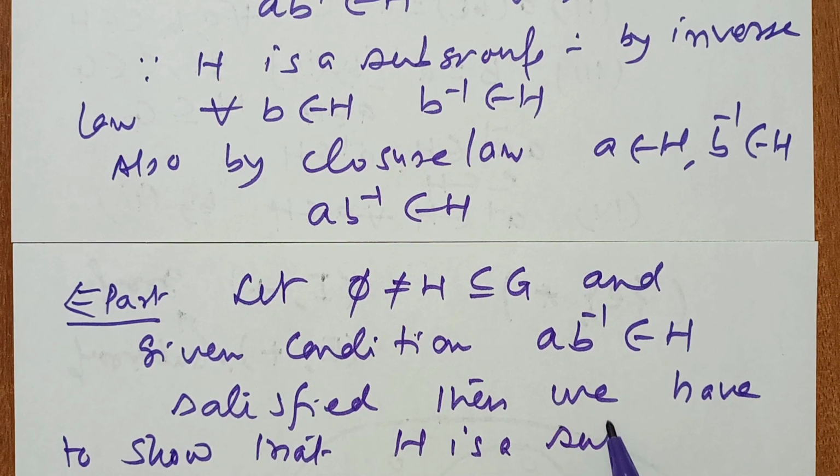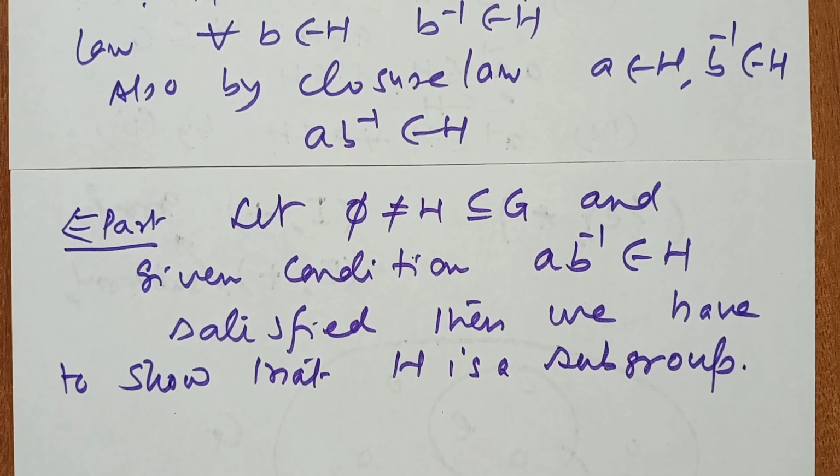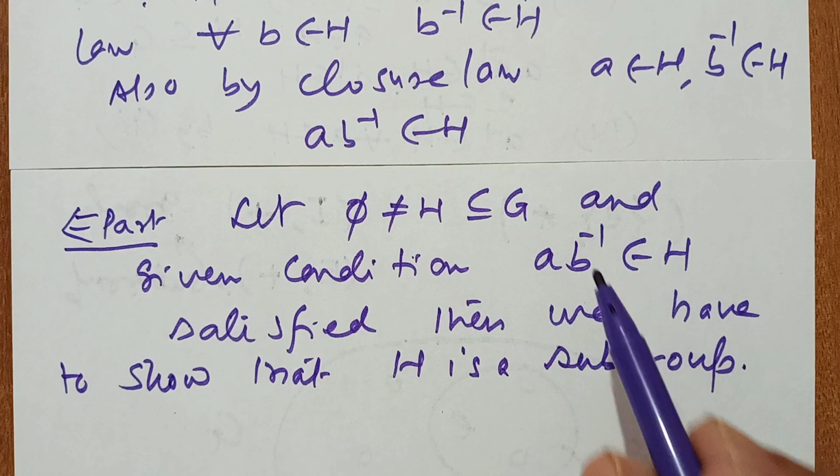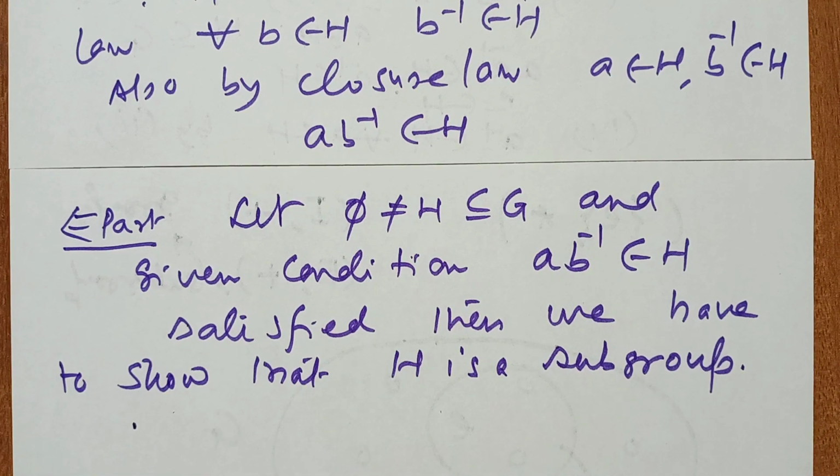Okay, so this is very interesting to prove, because we have only one condition and we need to show 4 conditions. So there is no need to write systematically like closure, associative, identity and inverse. We need to show 4 conditions, as you like.